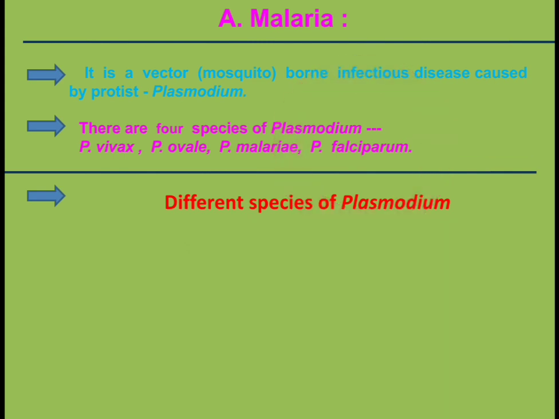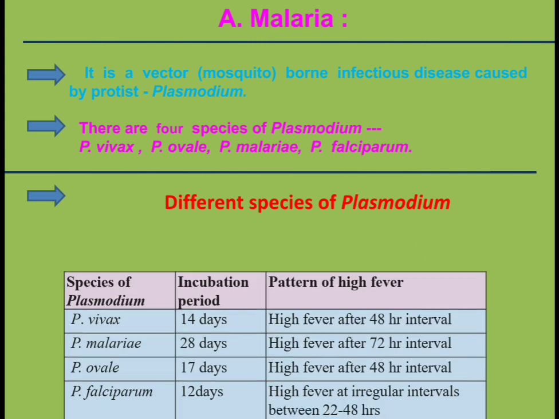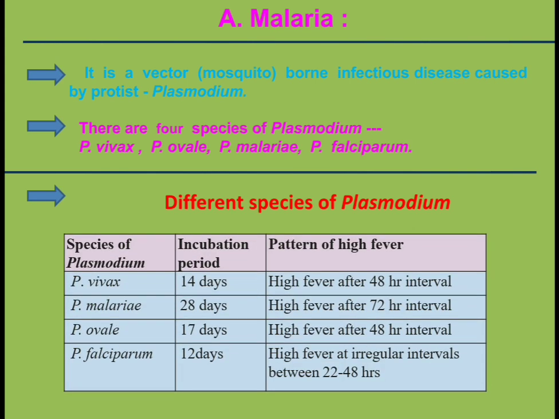Based on the species, there are four types of malaria. Now, which species of Plasmodium, and their incubation period and patterns of high fever? As discussed earlier, Plasmodium vivax shows an incubation period.